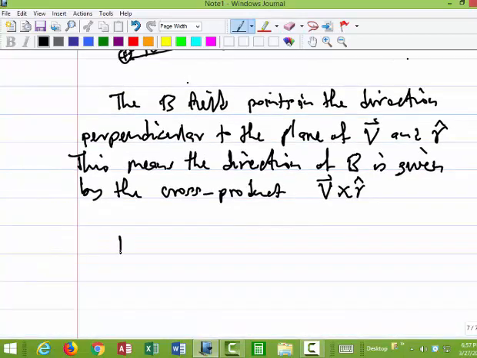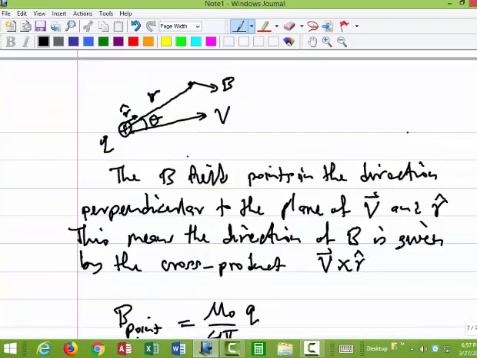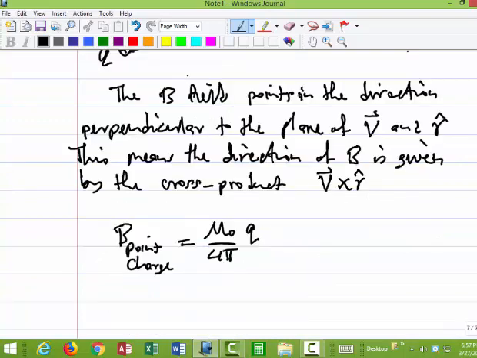So the magnetic field of the point charge is equal to mu naught over 4 pi, and then we have the charge Q, then Q V cross r hat over r squared.